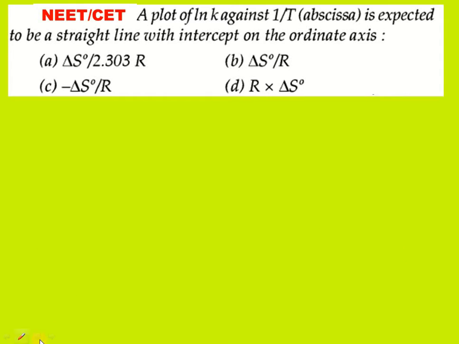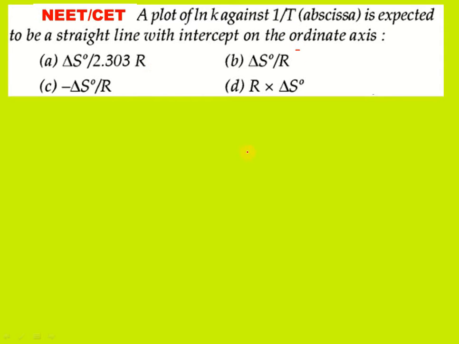See, in this question, they have given a plot of ln K against 1 by T, which is expected to be a straight line with the intercept on the coordinate axis.